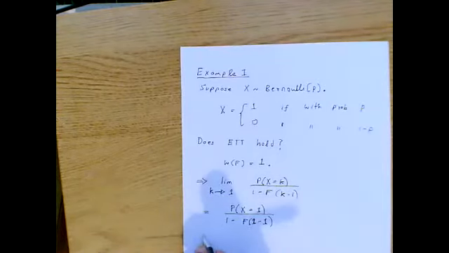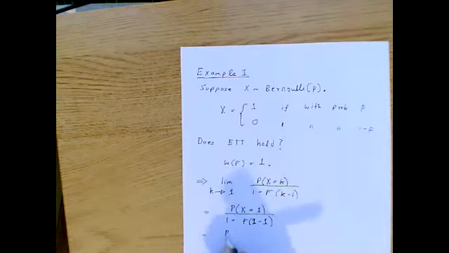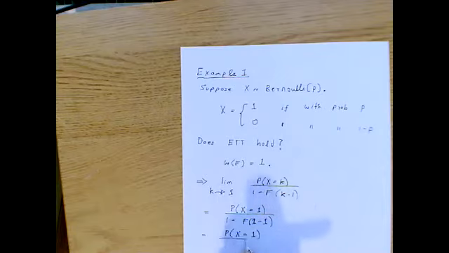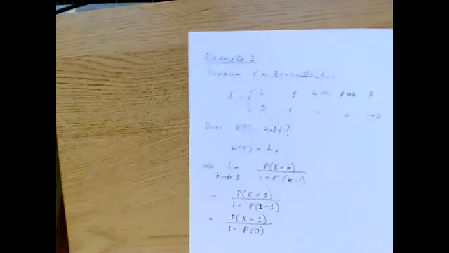This is going to be the probability that X equals 1 divided by 1 minus F at 0.